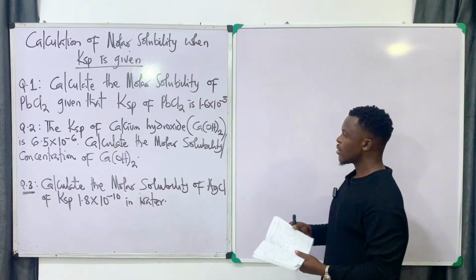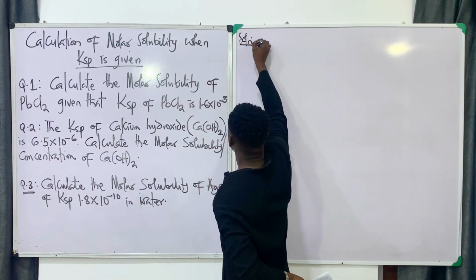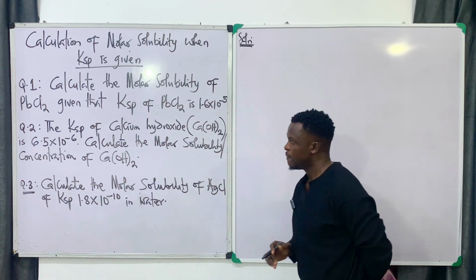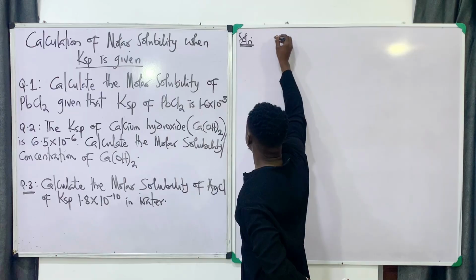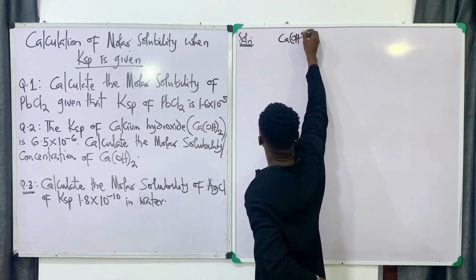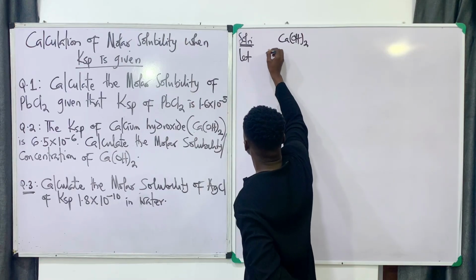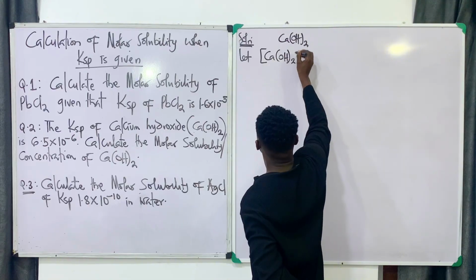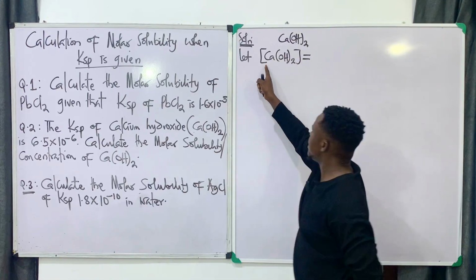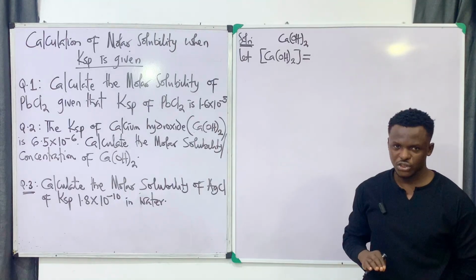All right. So I'll say solution. First thing first, calcium hydroxide is Ca(OH)2. I'll say let the concentration of this be x. Class, once you see me enclose a compound with a square bracket, it stands for concentration.